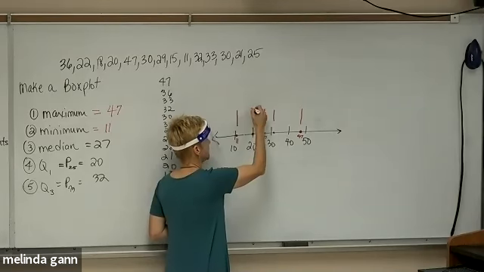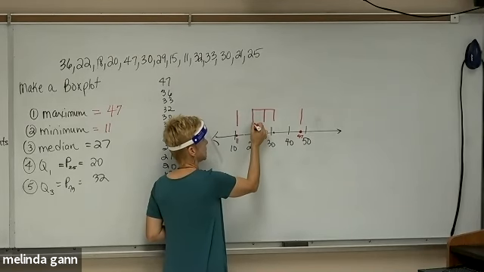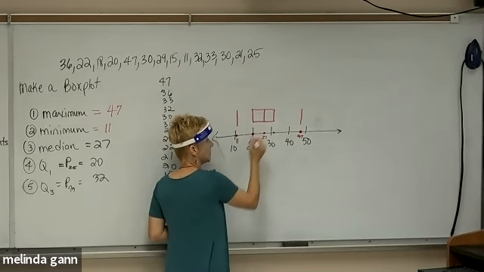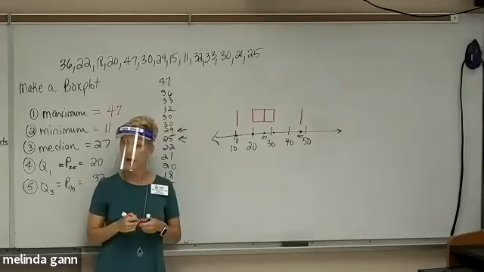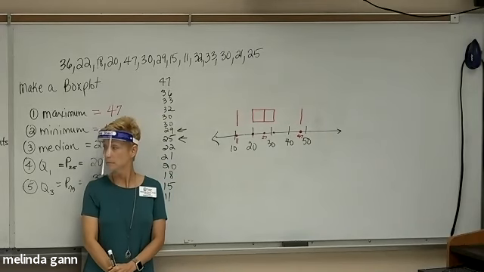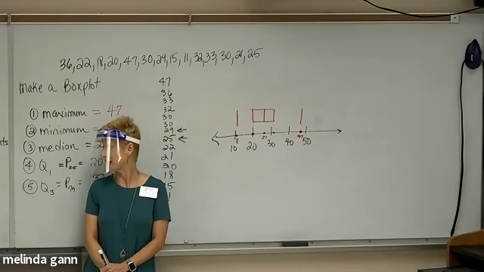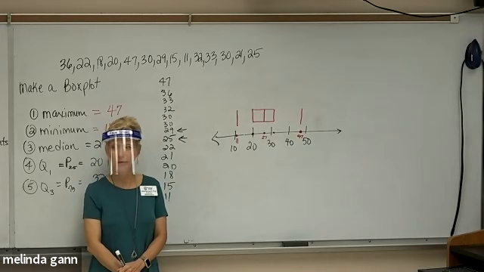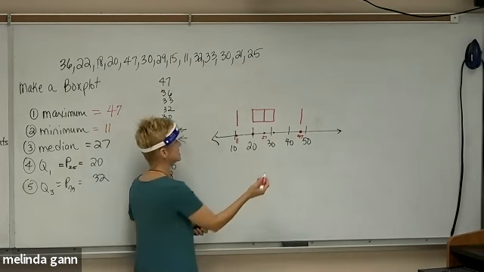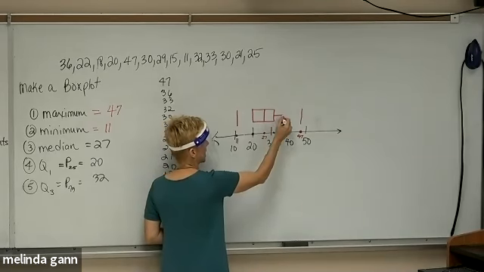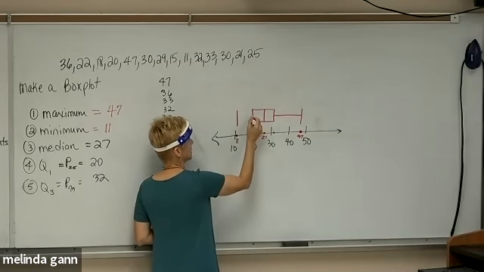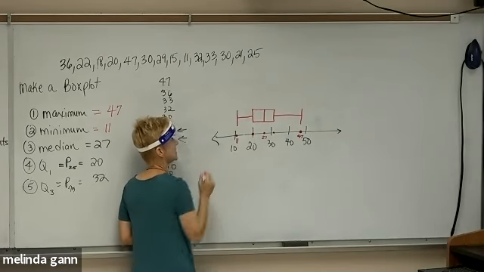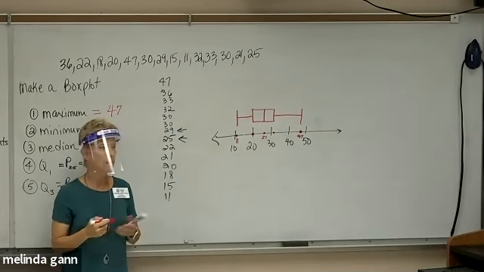So I'm going to connect the tops of those, and I'm going to connect the bottoms of those. And that forms a box. And then your last step says connect that box to the maximum and the minimum. So the middle of this right side gets connected to the maximum, and the middle of that left side of the box is connected to the minimum. That's a box and whiskers graph.